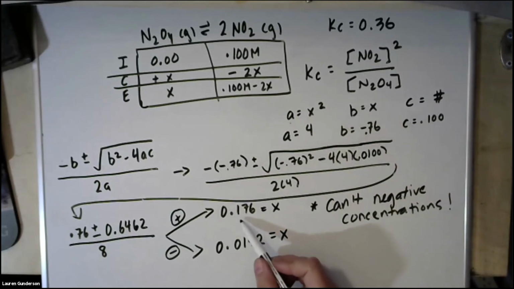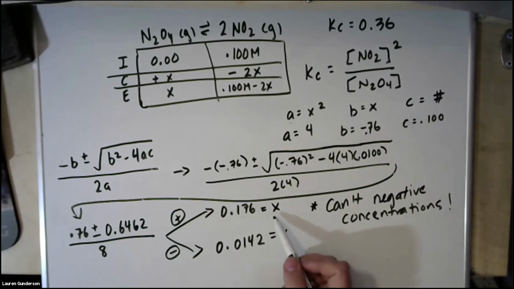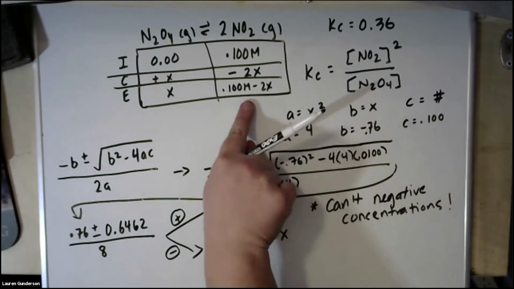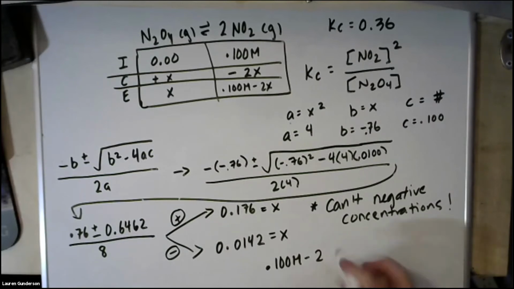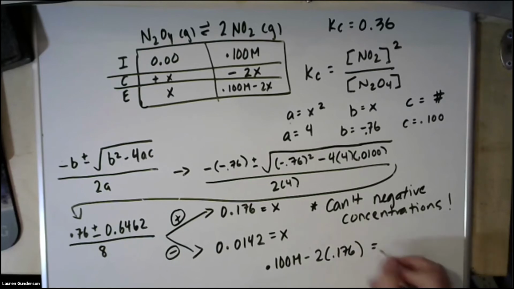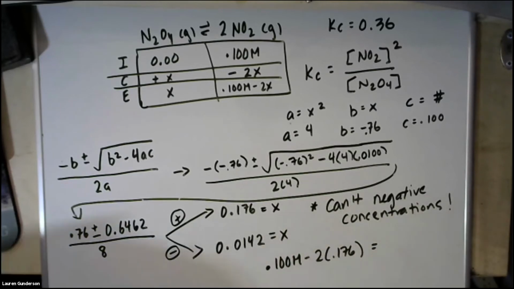So if I look at this first choice, my 0.176, I'm going to try to solve it for this expression here. Okay? So this expression says 0.100 molar minus 2x. All right, so instead of x, I'm going to substitute in 0.176. What does that give me?